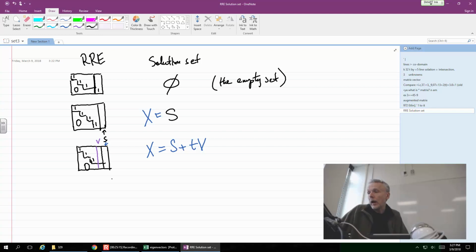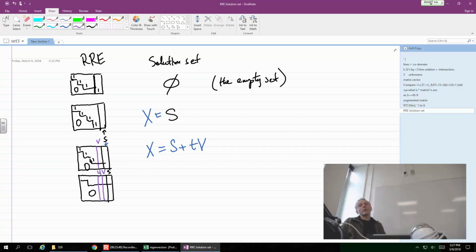Now I do the same, but now I have 2 leading ones, only 2, like this. So these are still zeros. I have still my vector s here, and here I have 2 vectors. Say this is v and this is u.